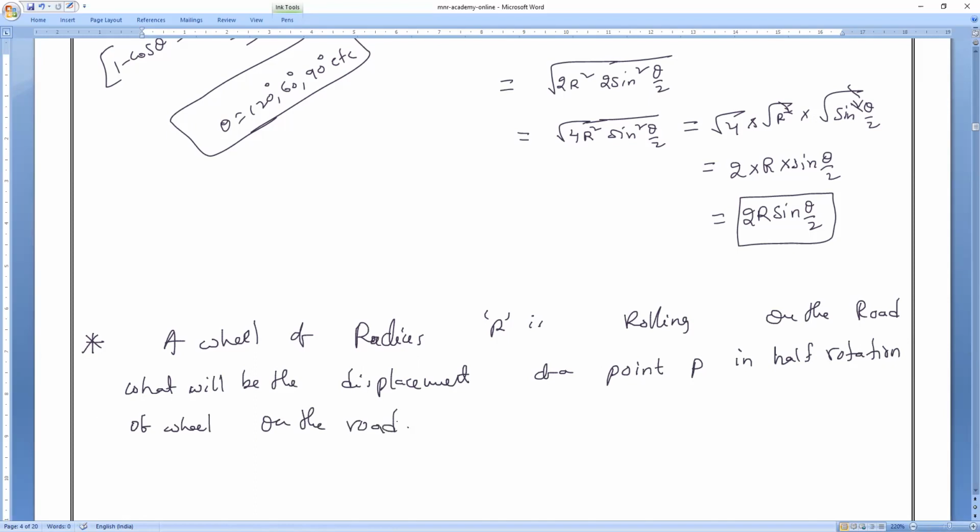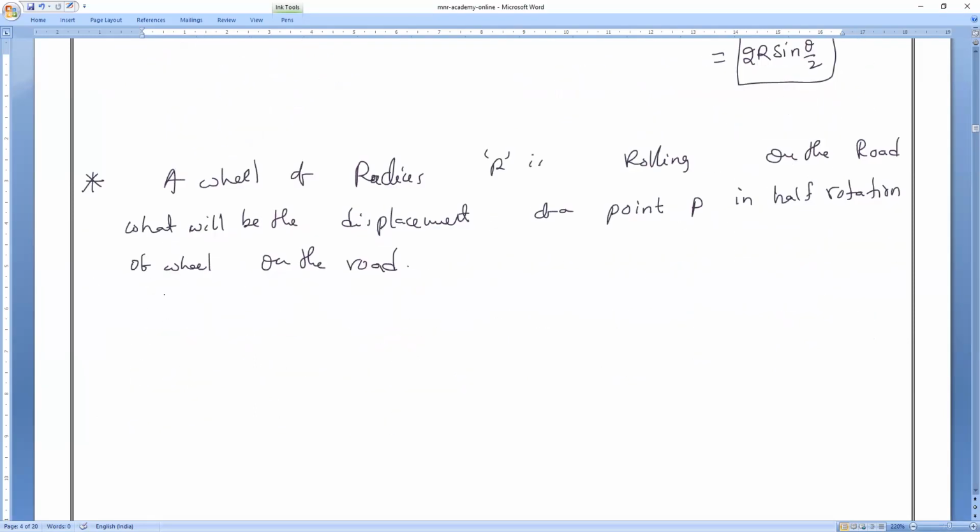So let us see the first diagram. First, options I will give you. Option A, pi r. Option B, r into root of pi square plus r. Option C, r into root of pi square plus 4. And option D is r.